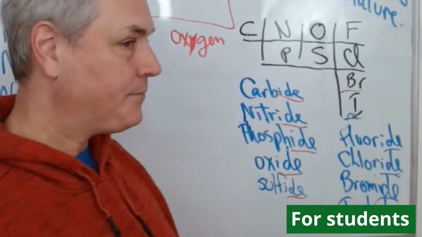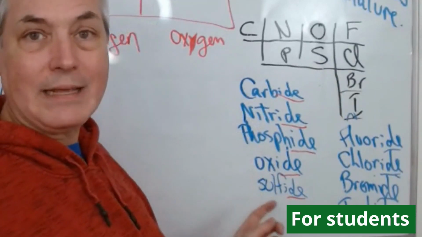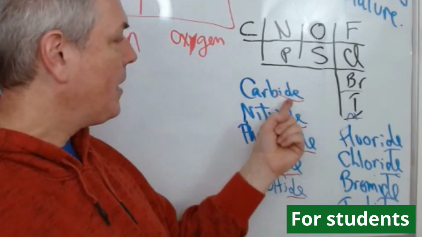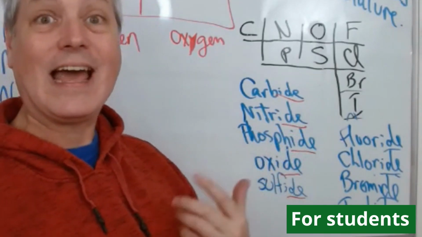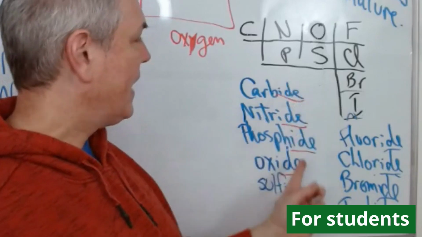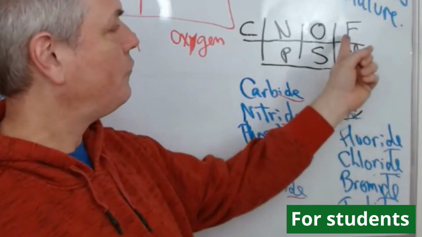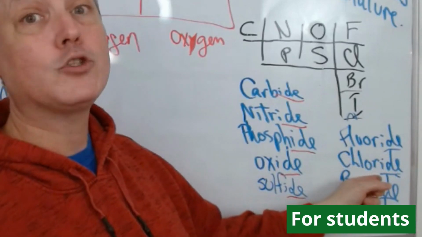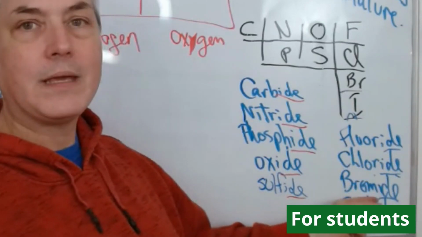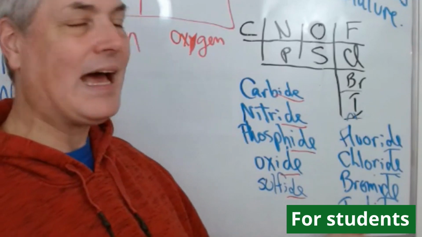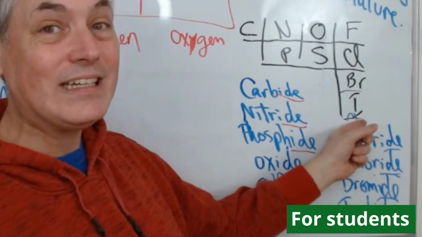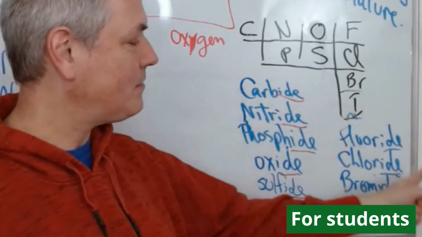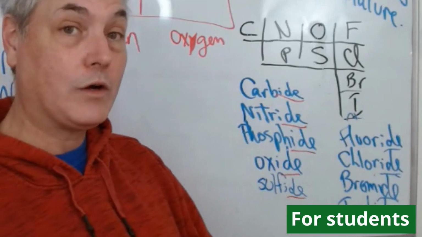As you can see, the beginning of the word is the same, so we know which element it is, but the endings all end in IDE. Then for the halogens, fluorine becomes fluoride, chlorine becomes chloride, bromine becomes bromide, and iodine becomes iodide. So this becomes the second word we're looking for.